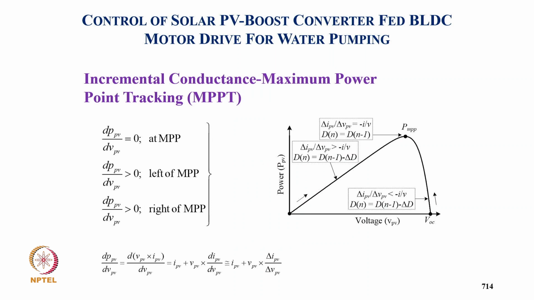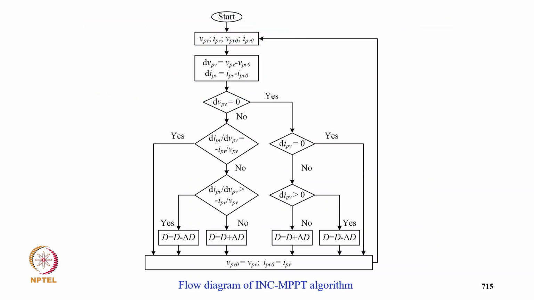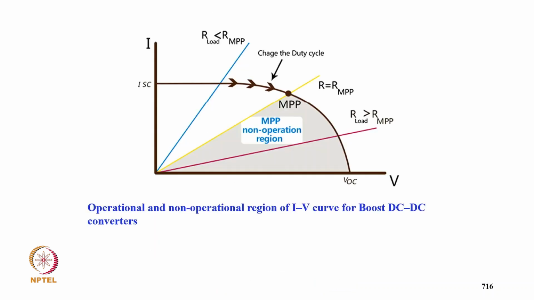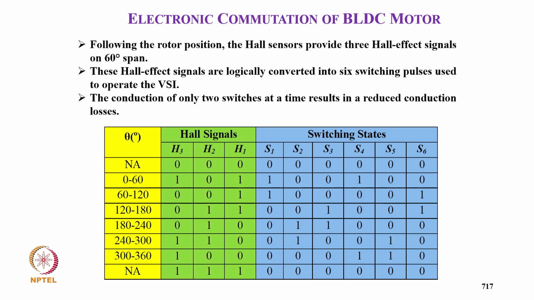The MPPT algorithm, incremental conductance maximum power tracking, is selected, with perturbation depending on the slope of power change with the voltage. We increase the duty cycle and decrease the duty cycle, and this is the flow chart for the incremental conductance based MPPT algorithm for increasing and decreasing duty cycle, and the basic concept of how we operate in the IV characteristic for maximum power tracking with the boost DC converter.